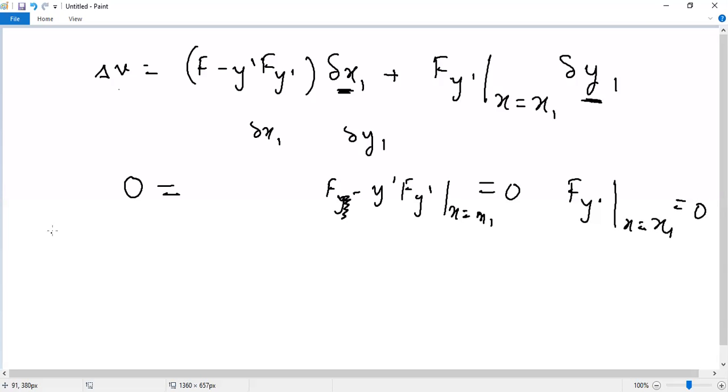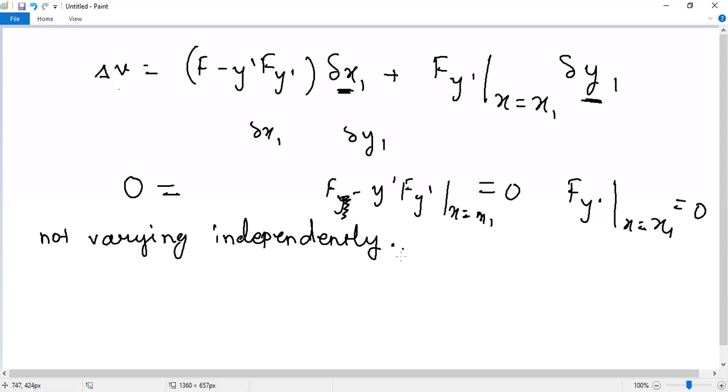But if they are not varying independently, then delta y1, whatever is there here, is phi dash at x1 into delta x1. Because you see here we had taken that the point x1 y1 is moving on the curve y equal to phi of x.